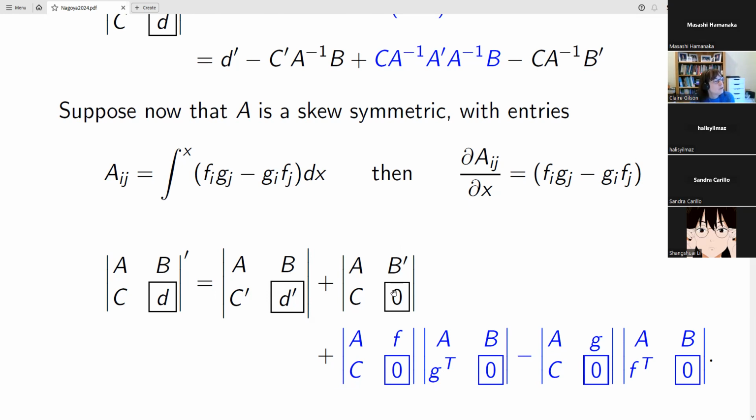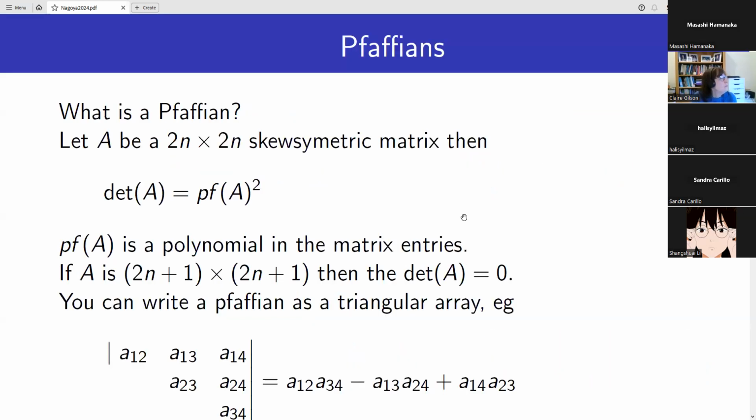And then this one here is the column differentiated, the next one. Then you've got two terms, and the two terms are sort of bilinear quasi-determinants. They take the form where you can reformulate the f_i g_j minus g_i f_j into the columns and rows of the quasi-determinants, and you get this object here. So differentiating a quasi-determinant, if you've got this kind of skew symmetric entry, is a very simple thing to do.